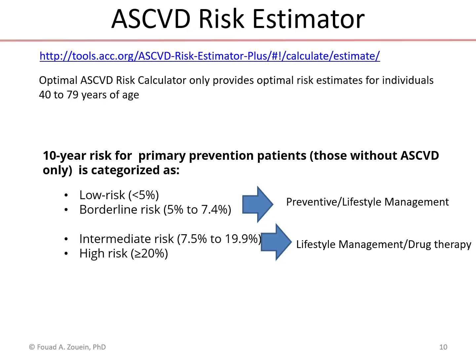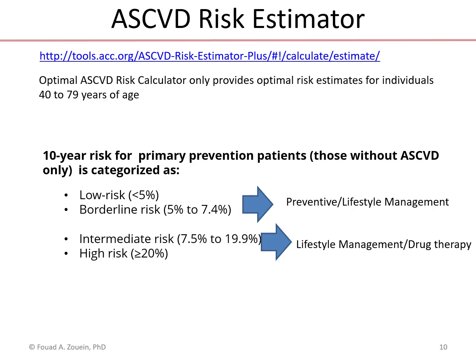But we can get different results, and the risk is in percentage. So if the ASCVD risk is less than 5% or is borderline, let's say between 5 and 7.4%, these individuals should follow a preventive therapy or lifestyle management, so a drug-free therapy. No need to put them on drugs, okay? Because the risk is either borderline or low.